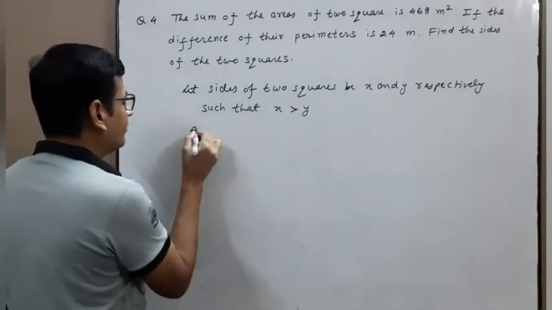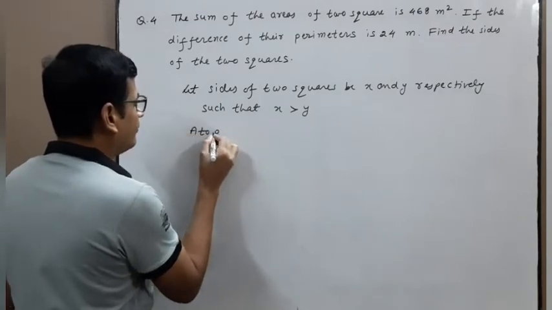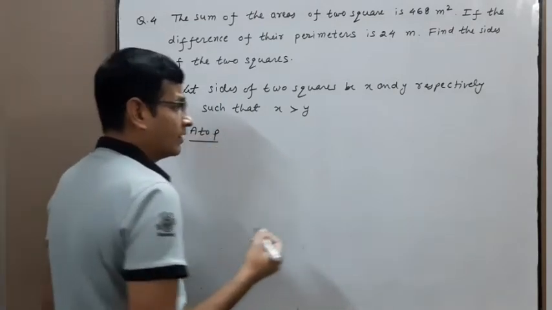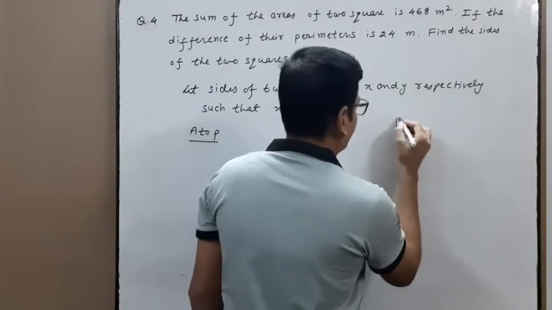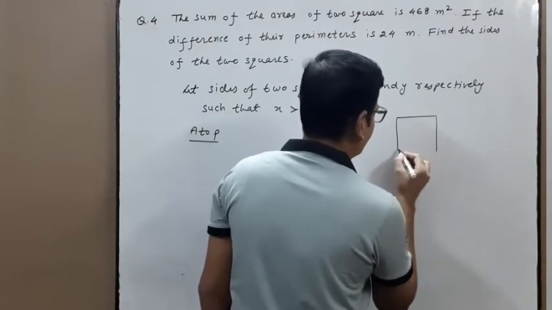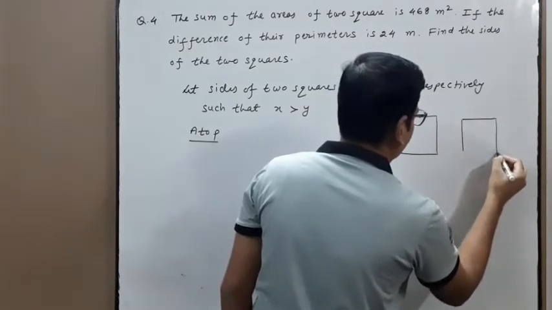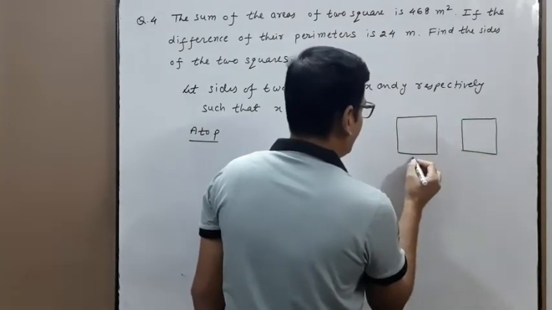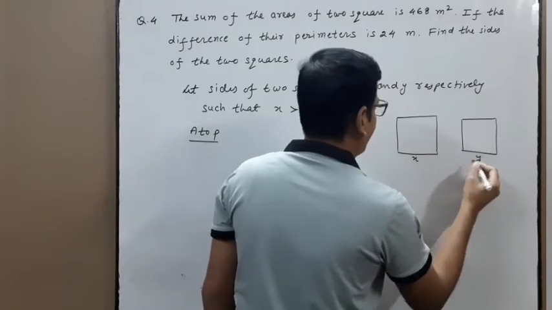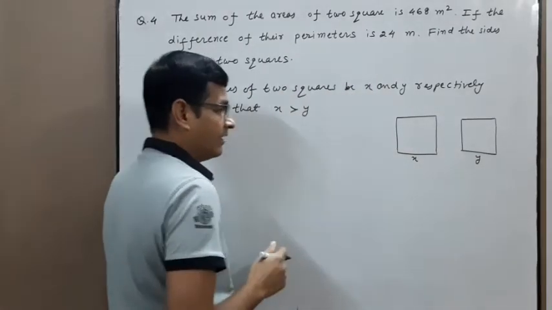Now write according to the problem. There are two squares, one larger and one smaller. Side of the larger square is x and the smaller square is y, because x is greater than y.